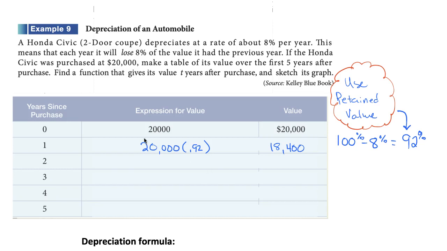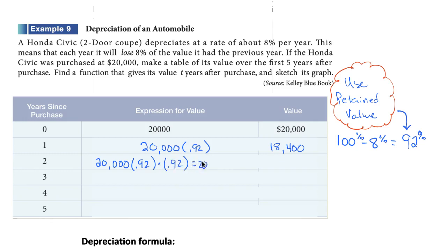All right, so the next year, this is going to work just like before. Everything is the same. The equation is pretty much the same, but we're using retained value to make it work out right. So the next year, it starts out at the beginning of the year worth $18,400, and it's going to depreciate again. I'm just going to work this out the long way so you can see what's happening: 20,000 times 0.92, which is what it was worth at the end of year 1, and we're going to have it times 0.92 again at the end of this year.